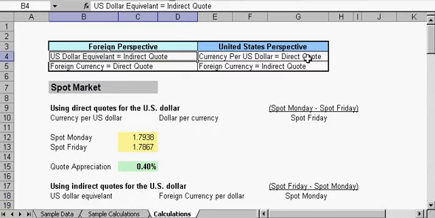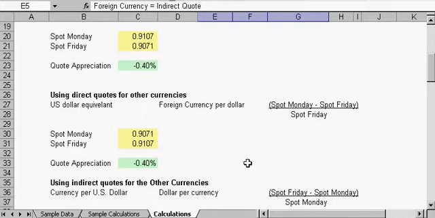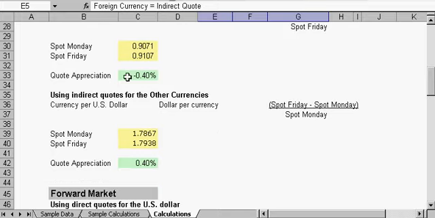For other currencies, we have the US dollar equivalent, which is opposite of our US dollar equivalent. So for a direct quote, it would be the US dollar equivalent for a foreign country. The indirect quote for a foreign country would be the currency per US dollar.